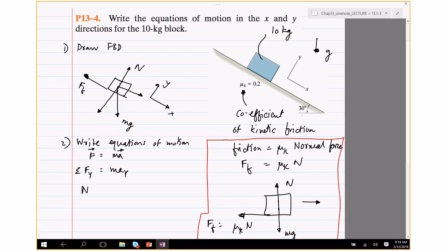So if this is 30, this is the vertical, this is going to be 30 degrees, right? Because this is the horizontal, this is along the incline. So this is going to be 60 and this is going to be 30 degrees. So this angle here is 30 degrees.